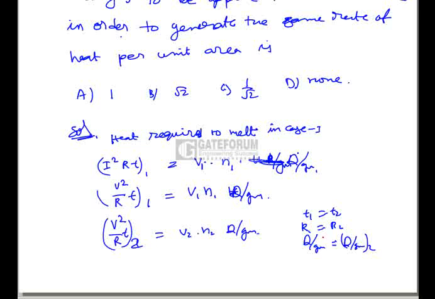Let's say this is 2 and this is 1. So now we have V square 1 by V square 2 is equal to V1 N1 by V2 N2. This V represents the voltage and this V represents the volume of the nuggets.